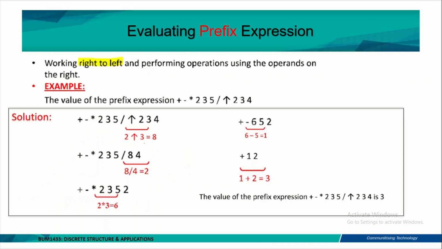Alright, let's move to evaluating prefix expressions. For evaluating a prefix expression, we work right to left and perform the operation using the operands on the right. So this is the example, the value of the prefix expression is here. We give you the expression. First, you need to look from right to left.